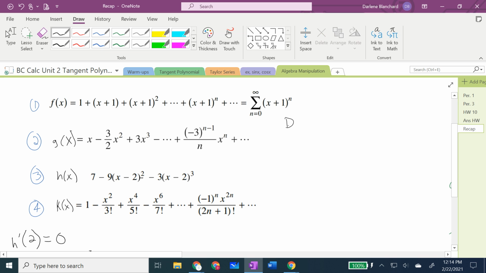Next question. Does g of x have a relative maximum, relative minimum, or neither at x equals 0?